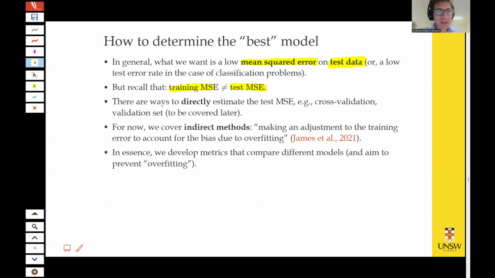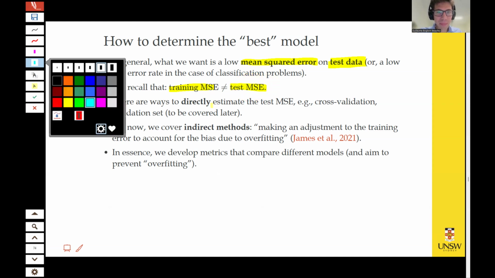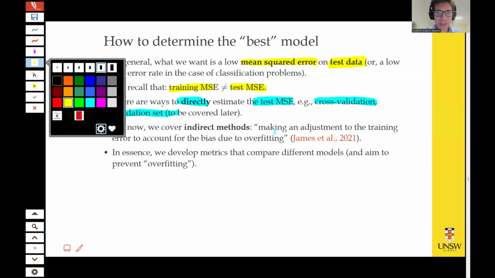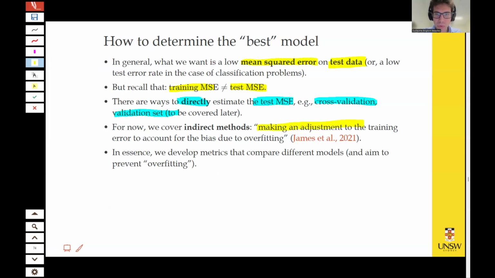Now, there are ways to directly estimate the so-called test MSE. And we're going to cover this a bit later in the course. For example, cross-validation and using a validation set. But for here, what we call the indirect methods are simply this. We make an adjustment to the training error to account for the bias due to overfitting.